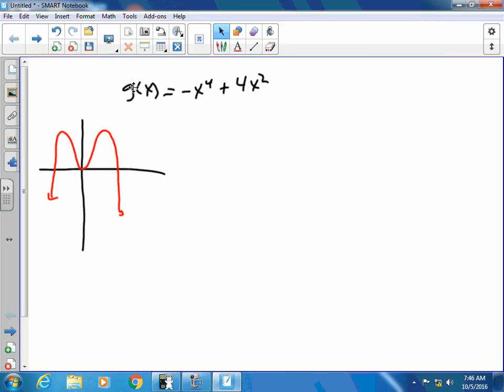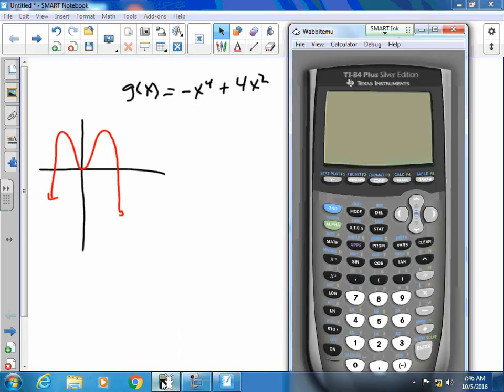Are they both the same size? So it looks like an upside down W. Good.